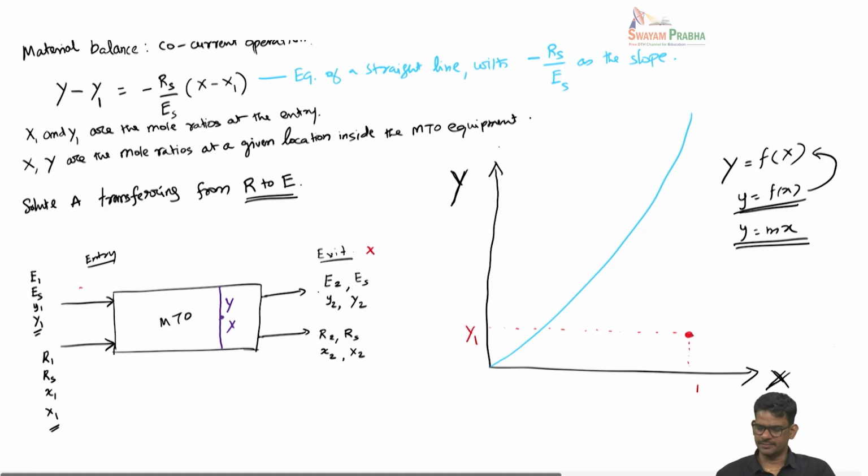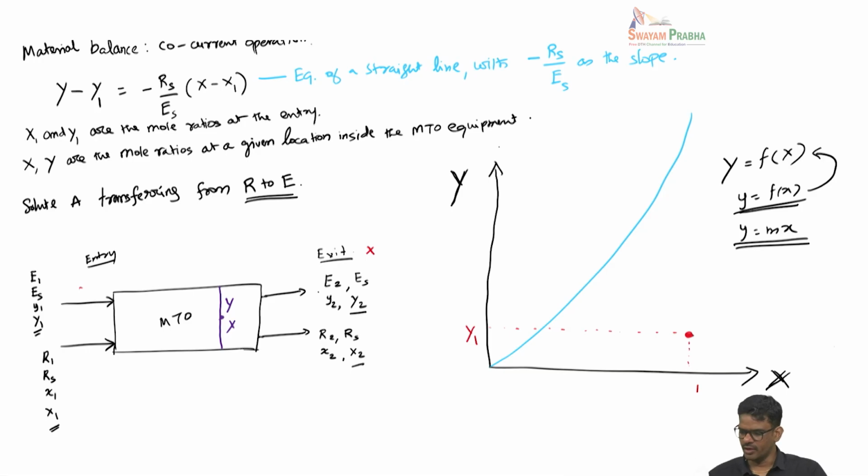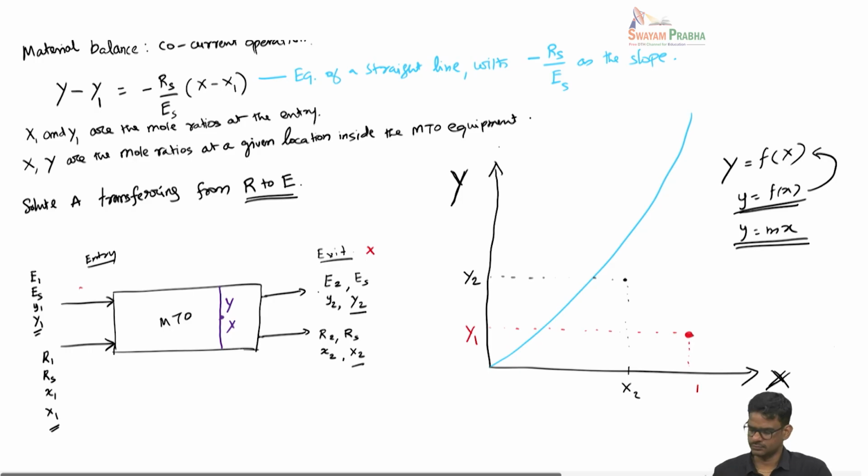whereas the outlet composition is x2 and y2, which can be located somewhere here. This is y2 and this is x2. And I can draw a line with a slope of minus Rs by Es.